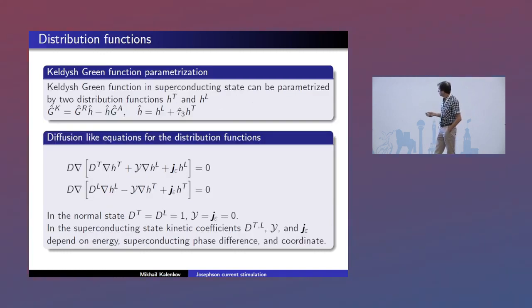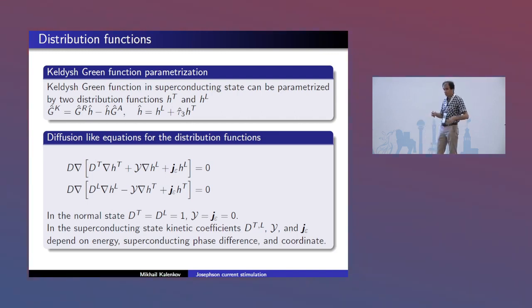It's convenient to parameterize the Keldysh Green function by two distribution functions. If we substitute this ansatz into the Usadel equation, then we get two diffusion-like equations for the distribution functions. Here, DT, DL, and Y are some kinetic coefficients.